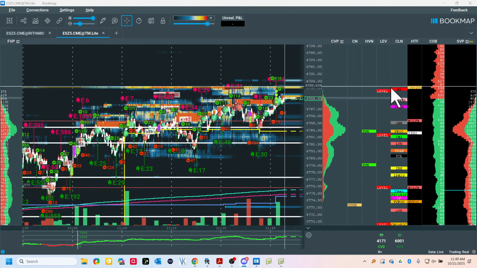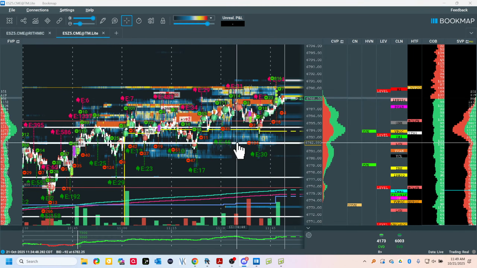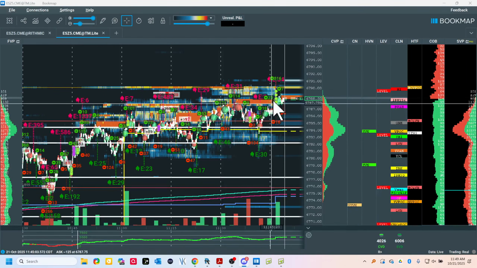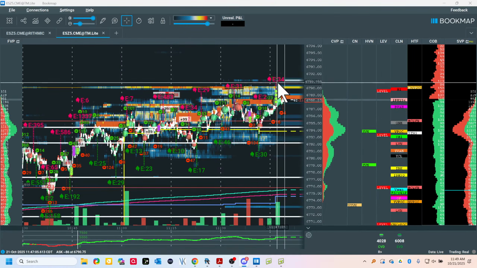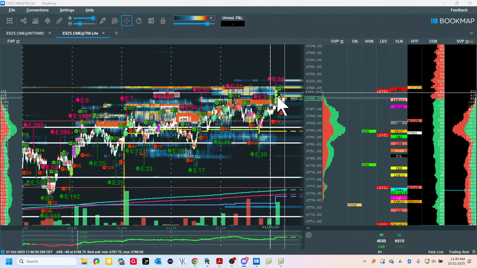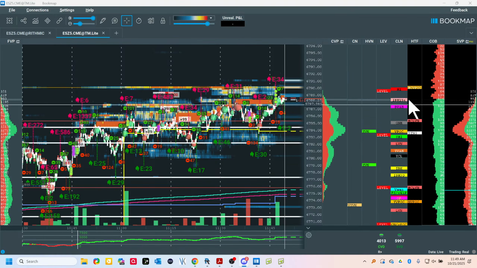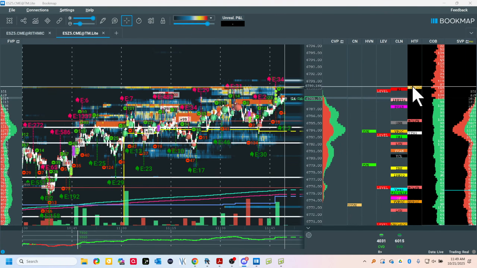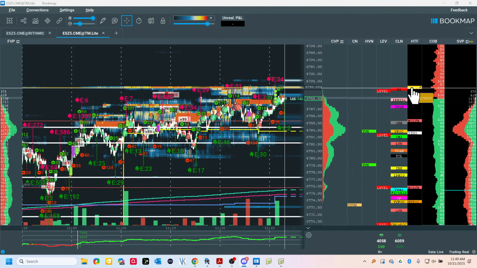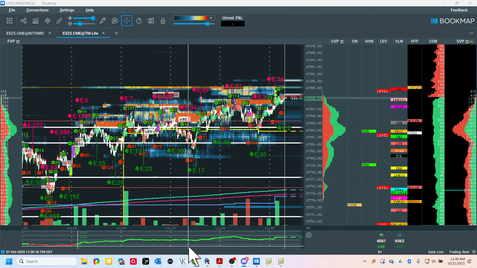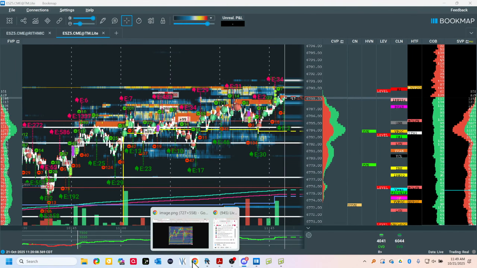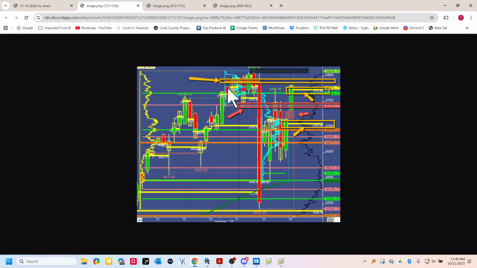Notice our target was 90, right? And now we have a sweep. So we have to see the behavior here. And you never know where the high of the day is going to be. We do understand market behavior, and it's not predictive. It's location-based. This high volume, let's see if I can get this for you, is coming there.